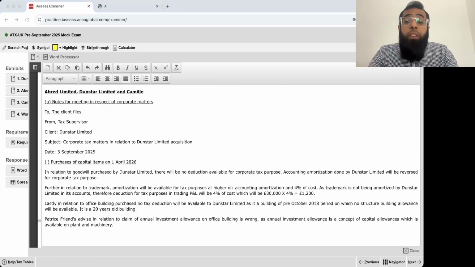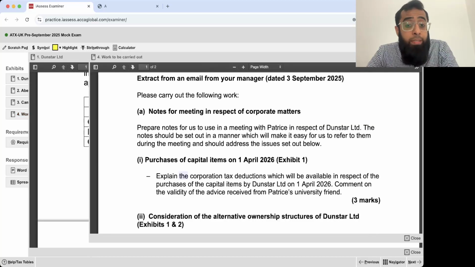Okay, it is not available on land and building. So, if you look at it: explain the corporate tax deductions which will be available in respect of the purchase of capital items by Dunster Limited on 1st April 26. Comment on the validity of the advice received from Patrice University friend.